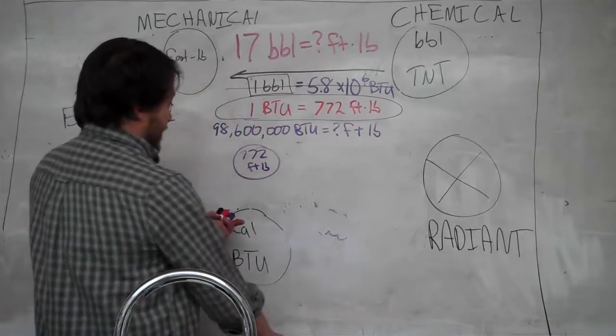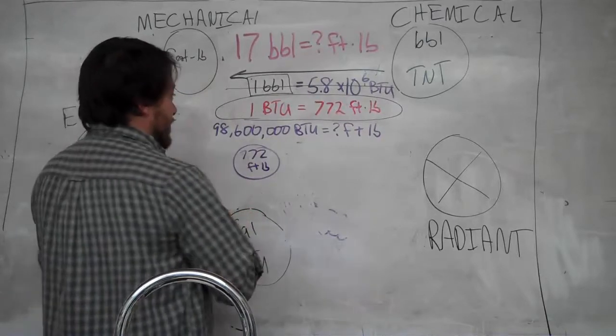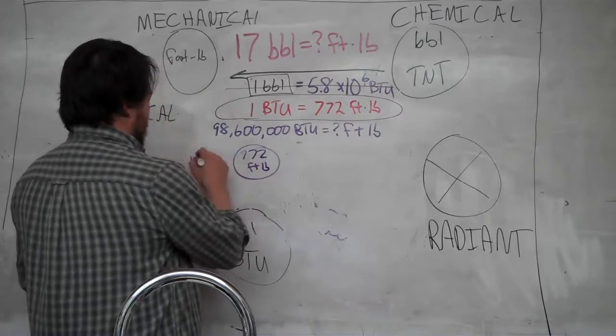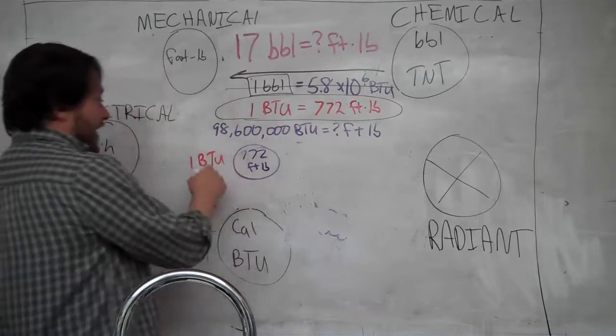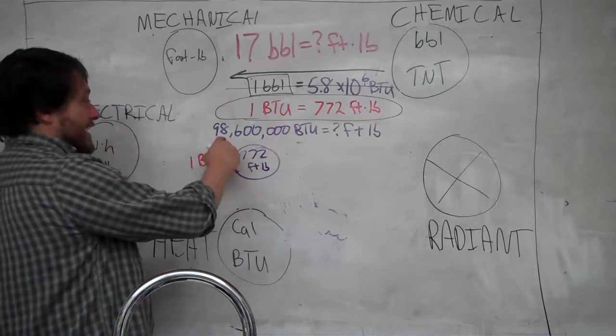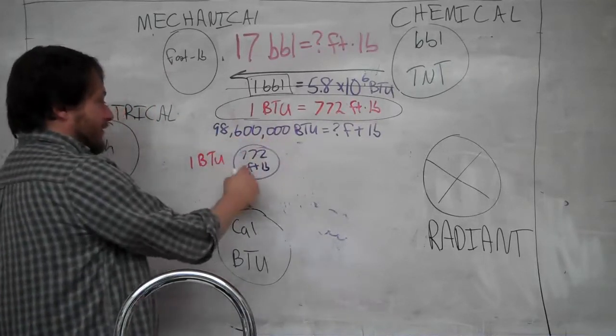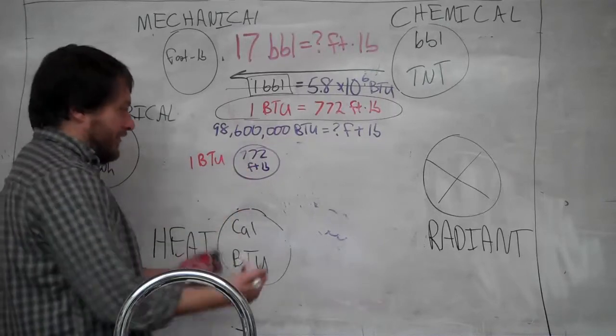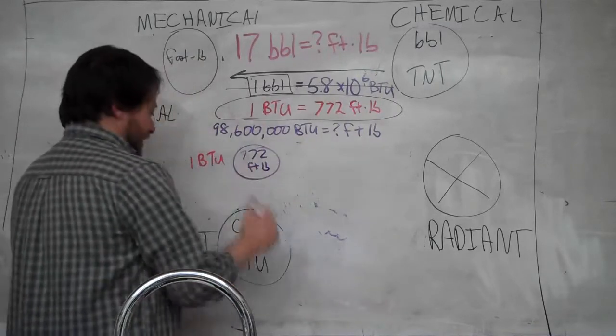But the point is, if this is 1 BTU, then we have 98,600,000 BTUs, each of which is that many foot-pounds. So it's clear what we have to do.